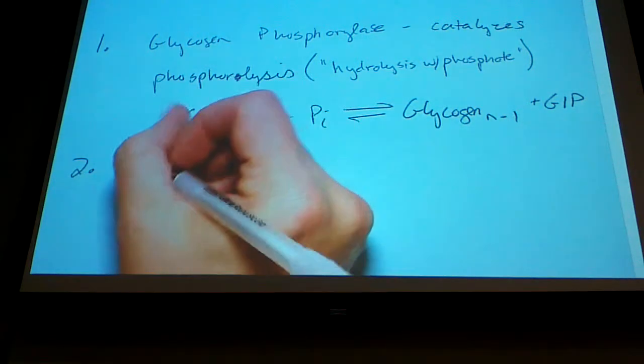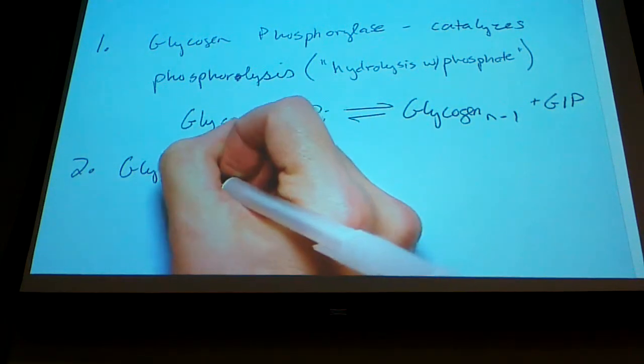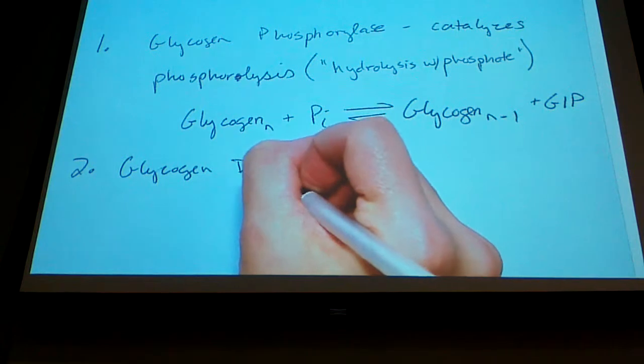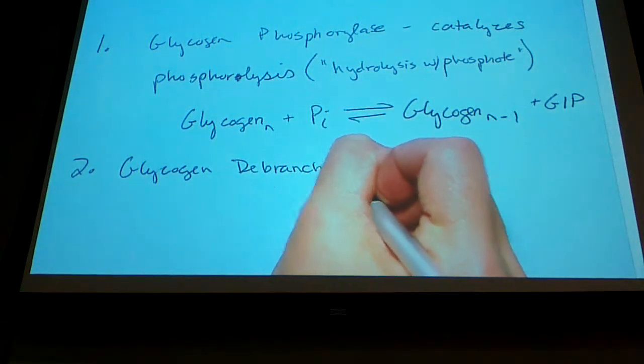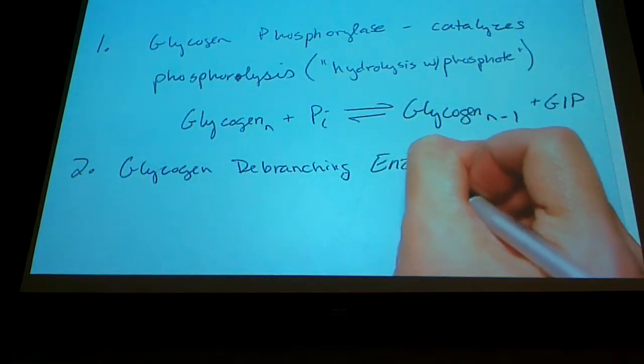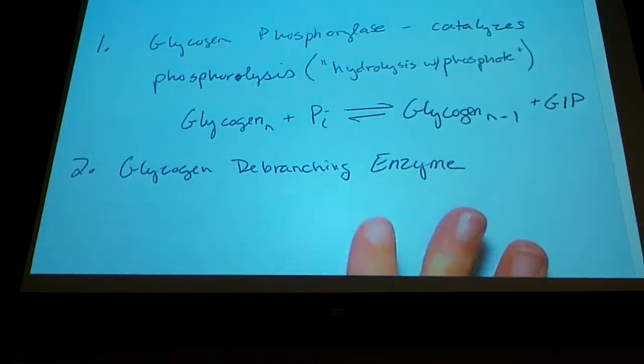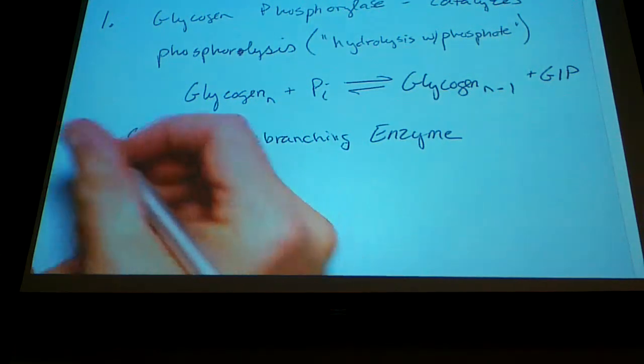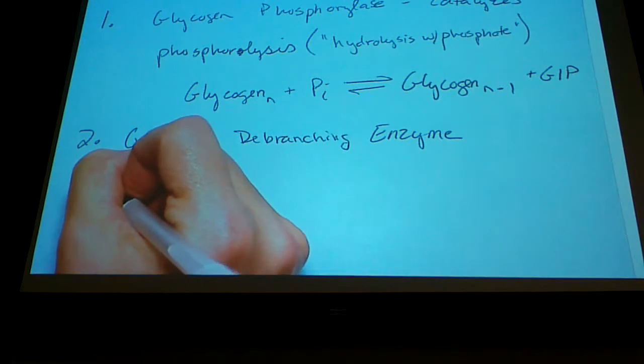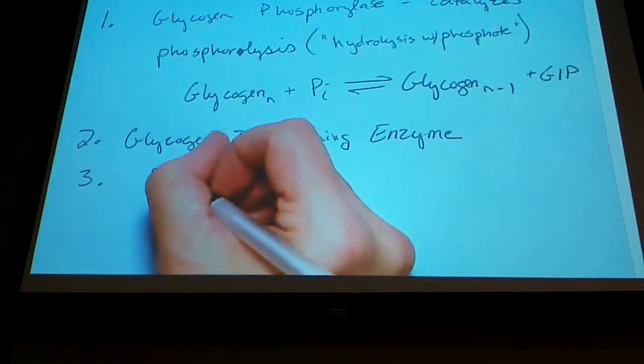And the second enzyme is a glycogen debranching enzyme. We're just going to get rid of our alpha 1,6 linkages for us. And the third enzyme you need is a phosphoglucomutase.